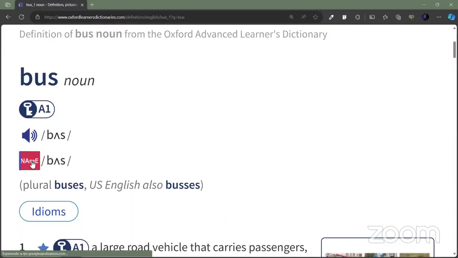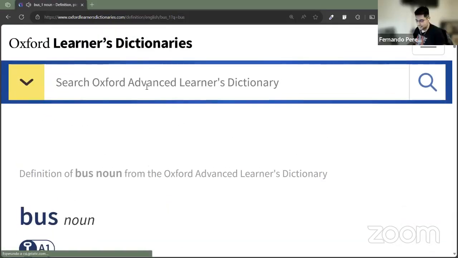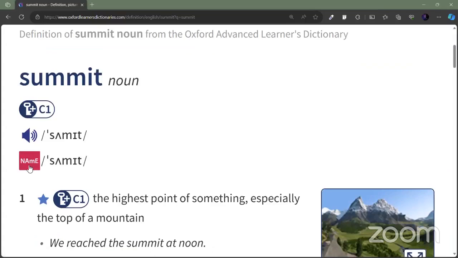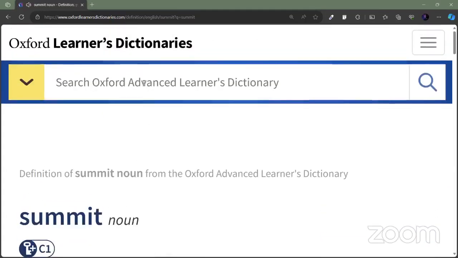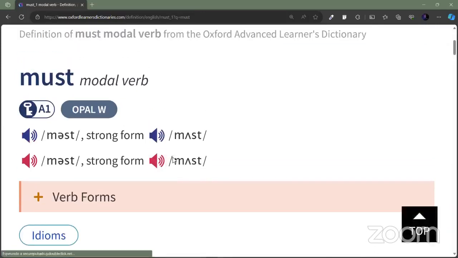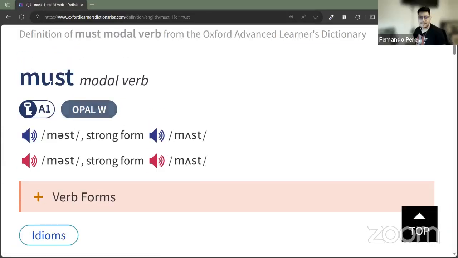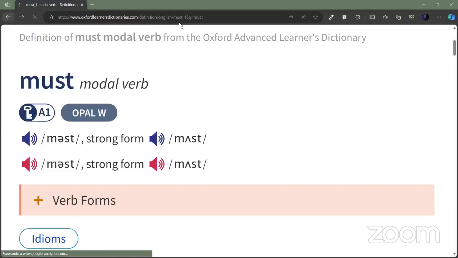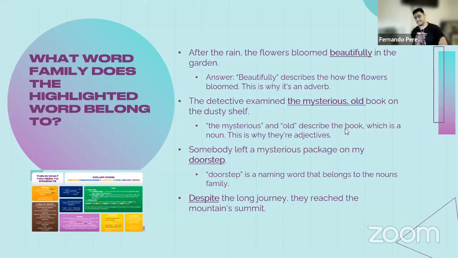Bus. So the same pronunciation goes to this letter U. Summit. More often, letter U sounds like that. Yeah. Summit. Okay. Despite a long journey, they reached the mountain's summit.